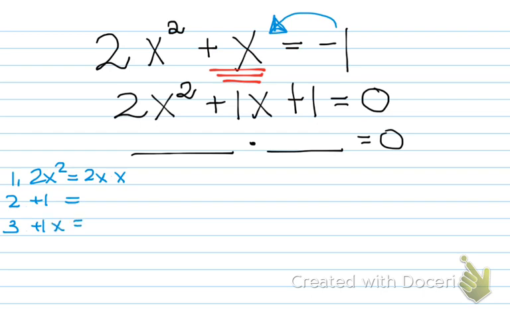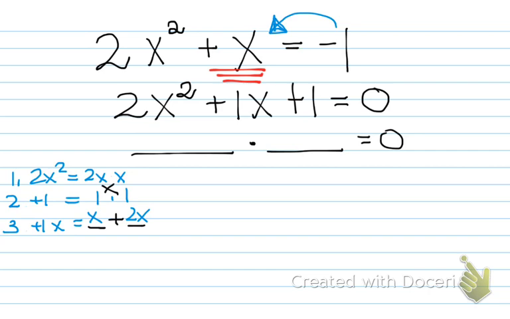The only factors of 1 is 1 times 1. And when we cross multiply, keep in mind in the third step, you have to add the cross products. We have, in our first cross product, 1x, and in our second cross product, we have 2x.